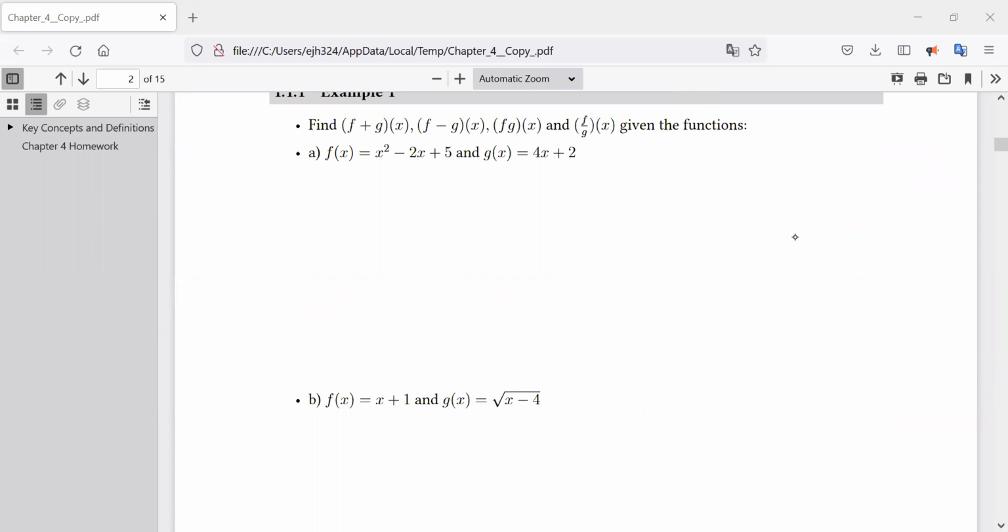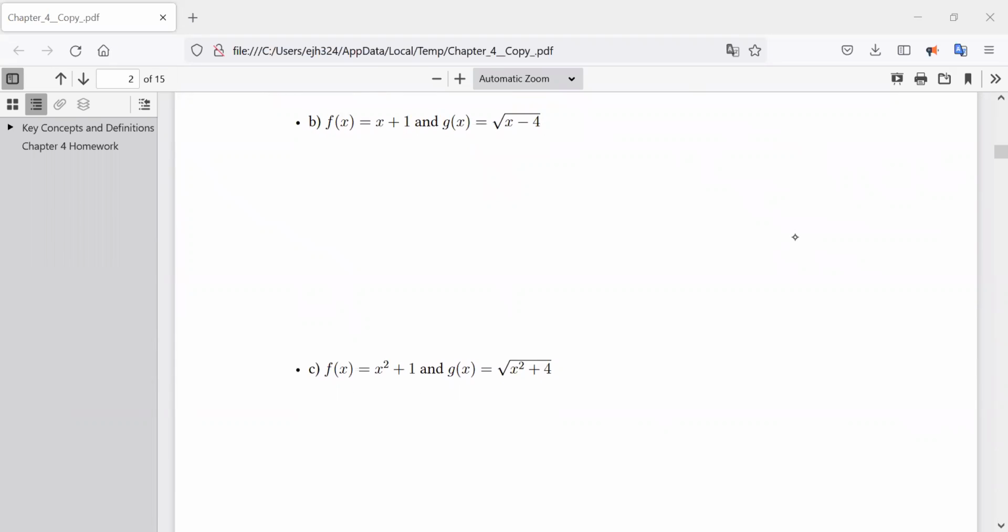Cool. And somebody tell me what they are for B. Solve these guys for B. Tell me what the answers are. Student: For the first one, x plus 1 plus the root of x minus 4.